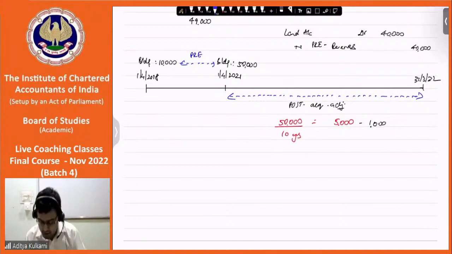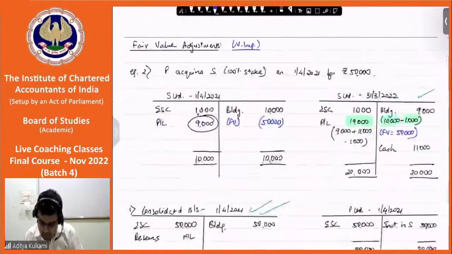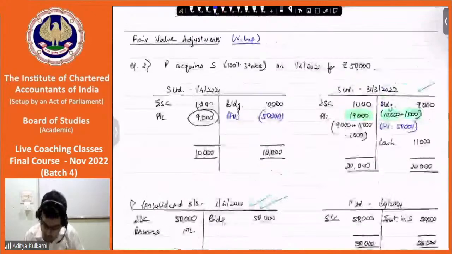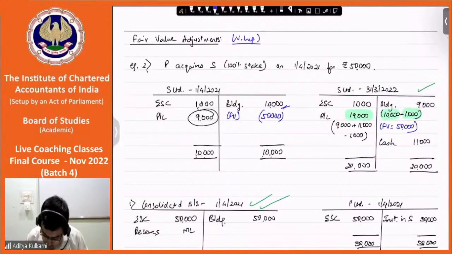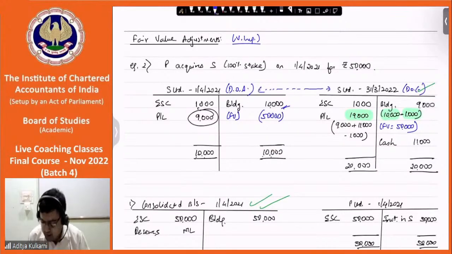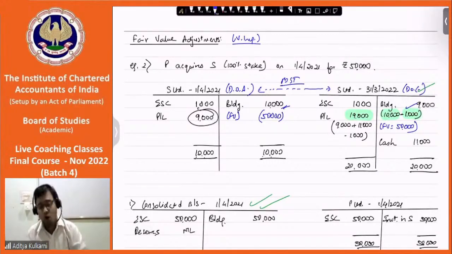Sir, how do you know? Look at this balance sheet. The building was 10,000. This is the date of acquisition. This is the date of consolidation. So after the date of acquisition till the date of consolidation, this is my post-acquisition period. 1,000 depreciation has been charged in the post-acquisition period already.